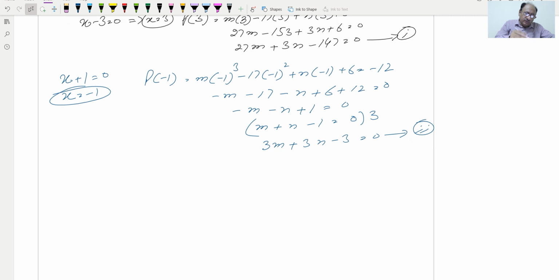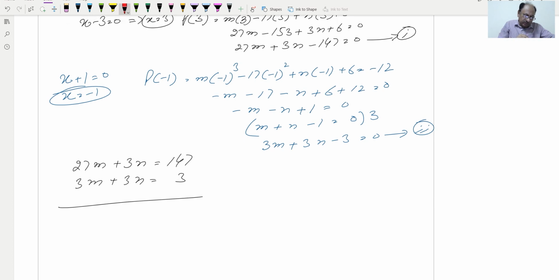And I will write here, equation 1: 27m plus 3n is equal to 147, and the second equation I'm writing 3m plus 3n is equal to 3, and this will be solved.